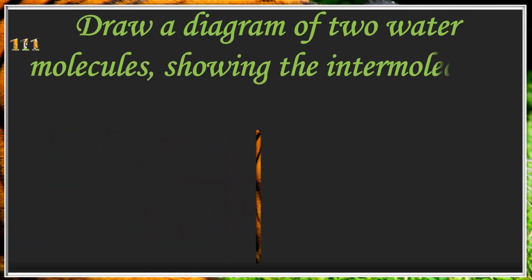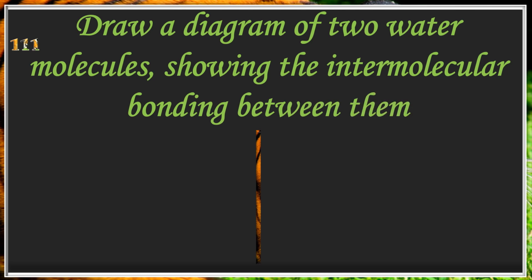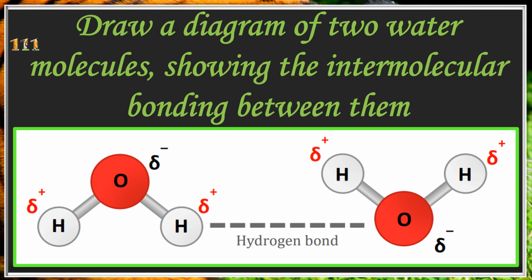Draw a diagram of two water molecules showing the intermolecular bonding between them. These are our water molecules. The oxygen develops a partially negative charge and the hydrogens have a partially positive charge.